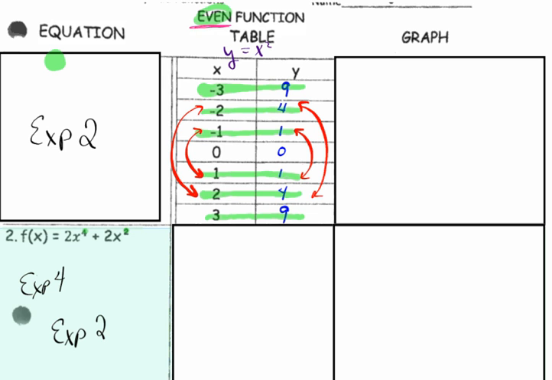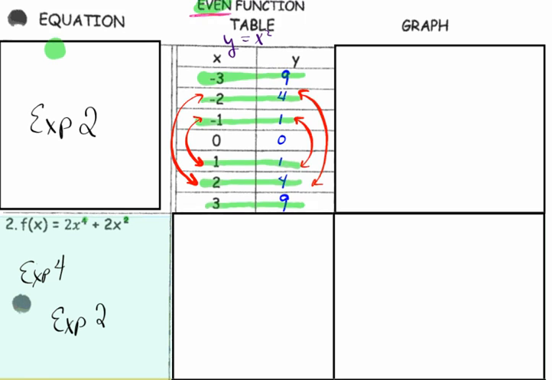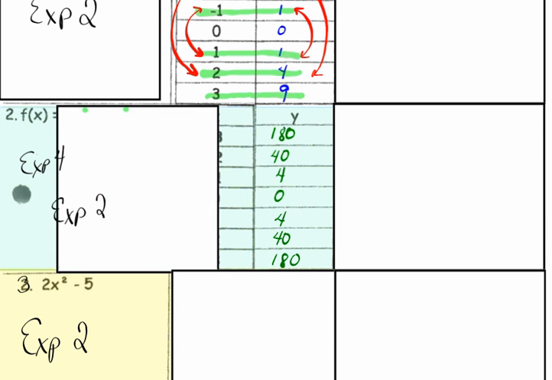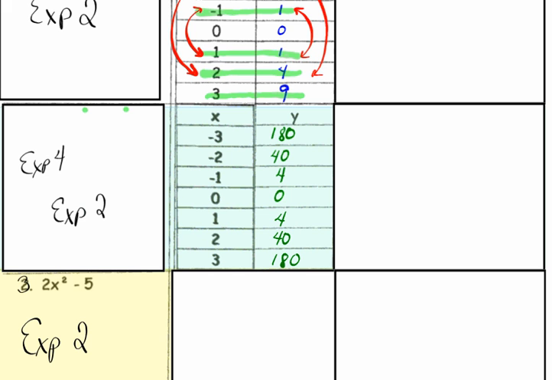I have a pattern. Now let's see if this pattern holds true for all these even functions. Remember, all the exponents are even. So let's look at this one. Do I still have opposite values of x give me the exact same values of y? It looks like that.